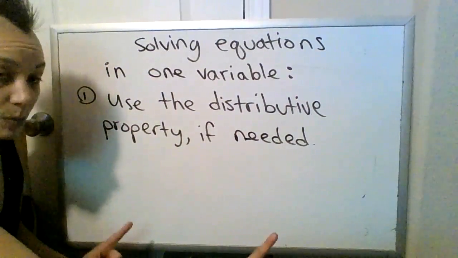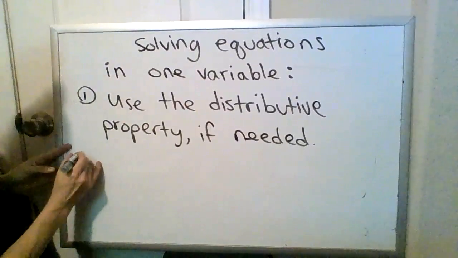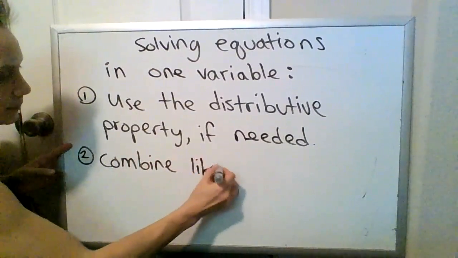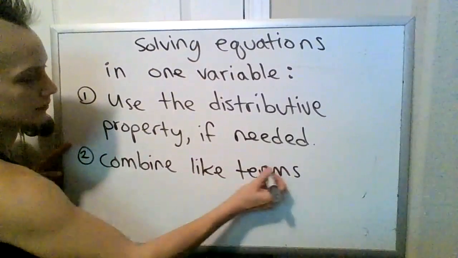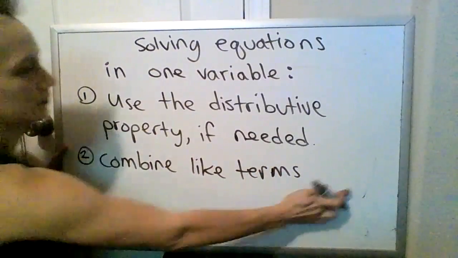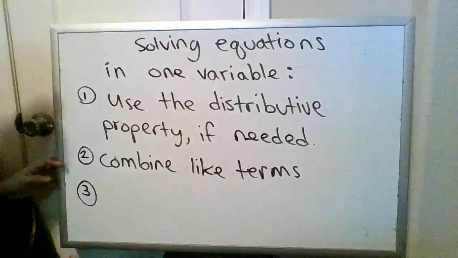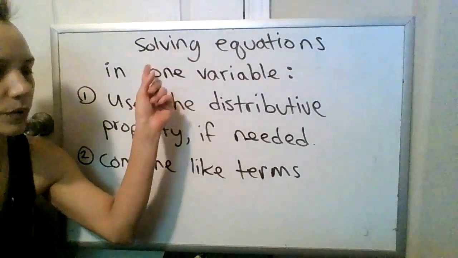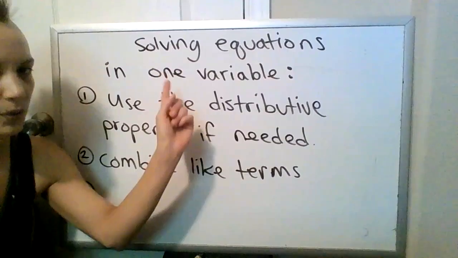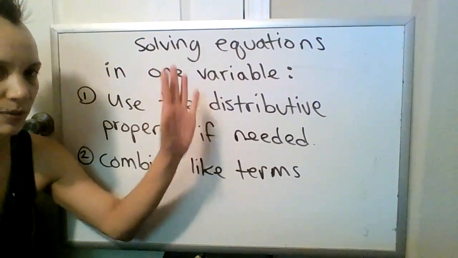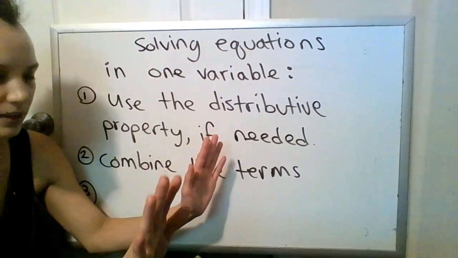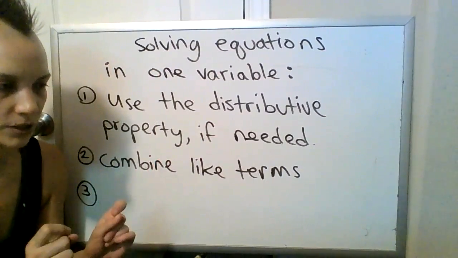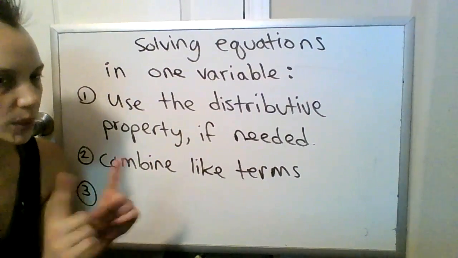Okay, and then combine like terms. So the goal is to solve an equation for that one variable. So you want to get the variable on one side of the equation and everything else on the other side. So start by using addition or subtraction to get the variable to one side of the equation.